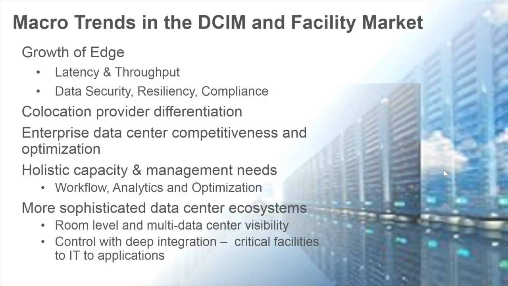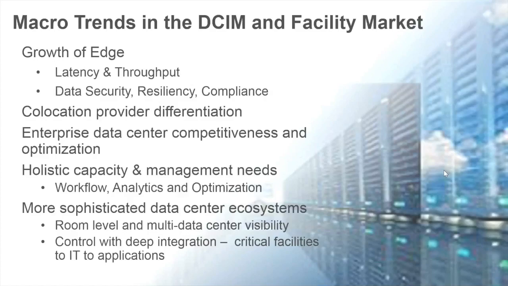Second, we look at the colocation market, and there are many large players in this market: Equinix, Digital Realty, Data4, to name a few. There is increasing competition in this market, and we are seeing these colocation providers needing to differentiate their offerings. It's a very competitive market, and in some ways a commoditized market, so that differentiation is becoming ever more important.